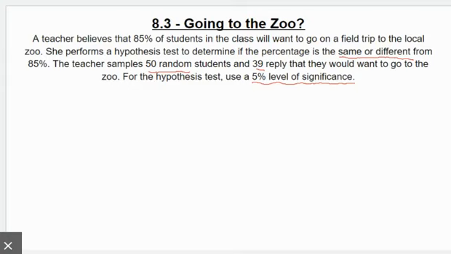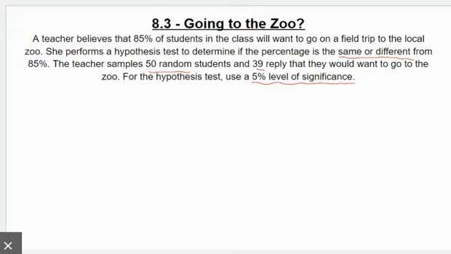Well, that belief or that claim in a hypothesis test is being put on trial. A hypothesis test is very similar to a criminal trial. Somebody is accused of committing a crime, and they have a trial. And I'm going to refer back to that a few times.